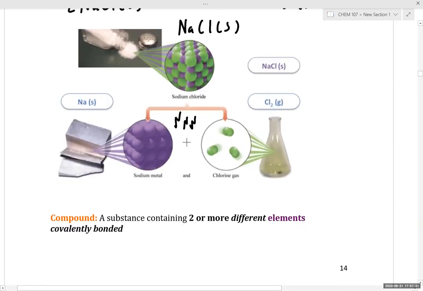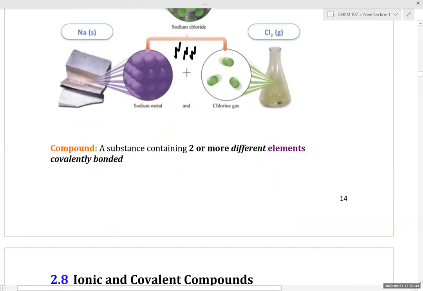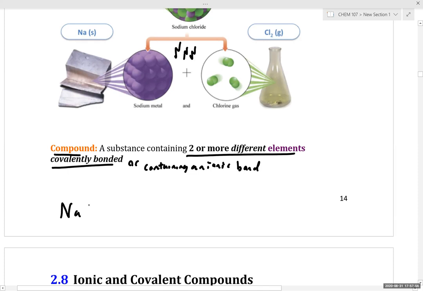Now, a simpler definition that I would recommend that you use for a compound is a substance containing two or more different elements, covalently bonded or containing an ionic bond. So an example of this would be sodium chloride, solid.